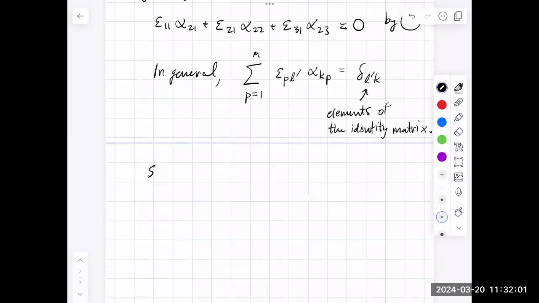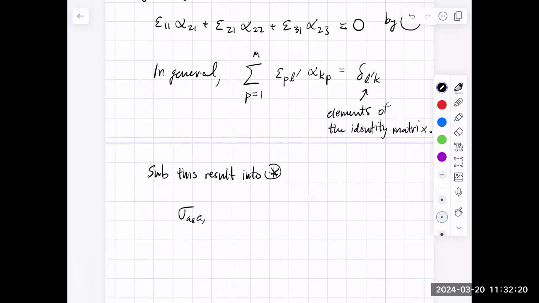So we're going to sub this result into star, and you know what's going to happen. That delta function is going to kill the sum for us.